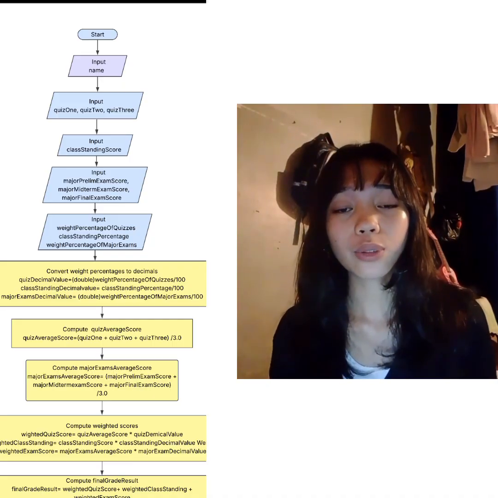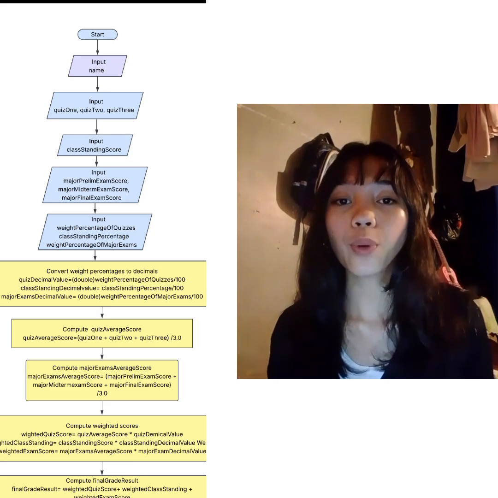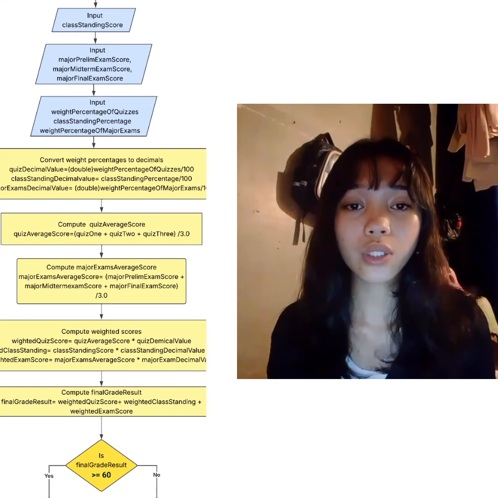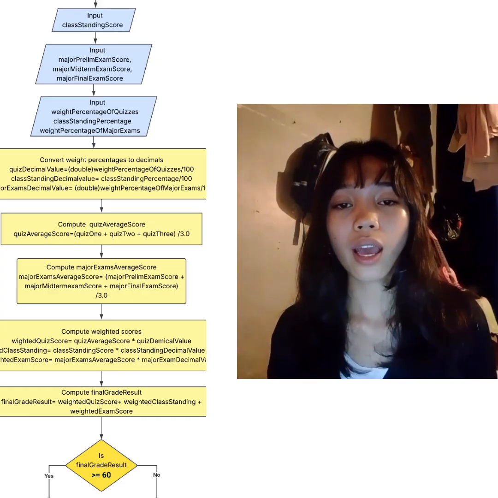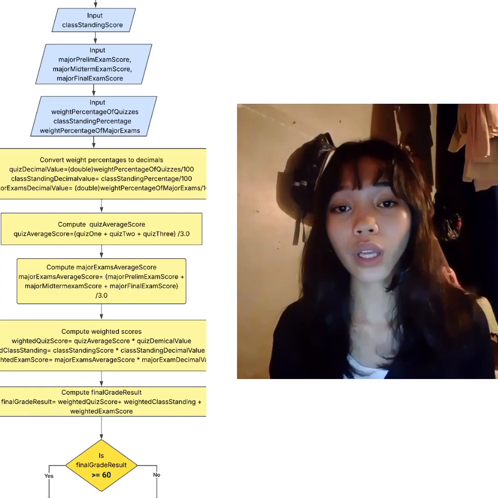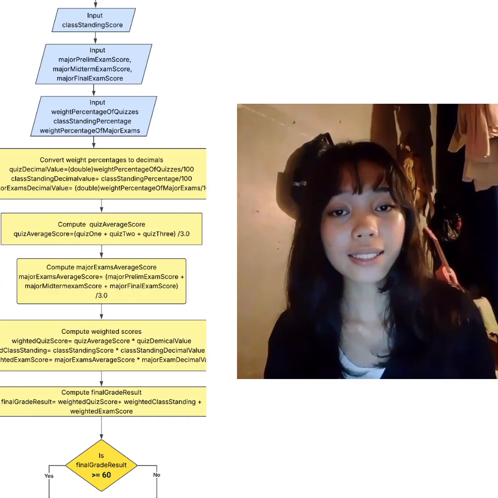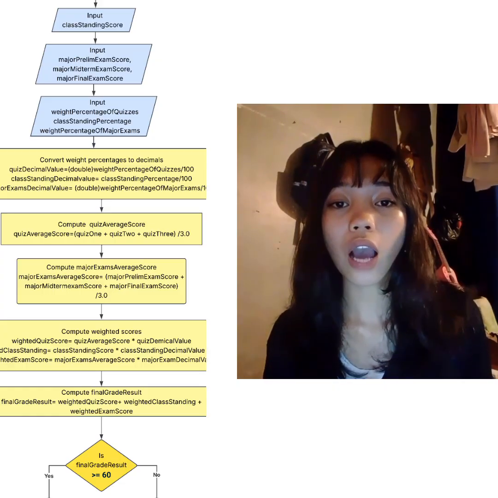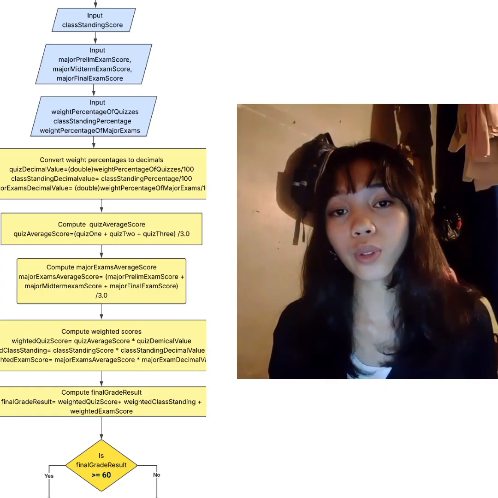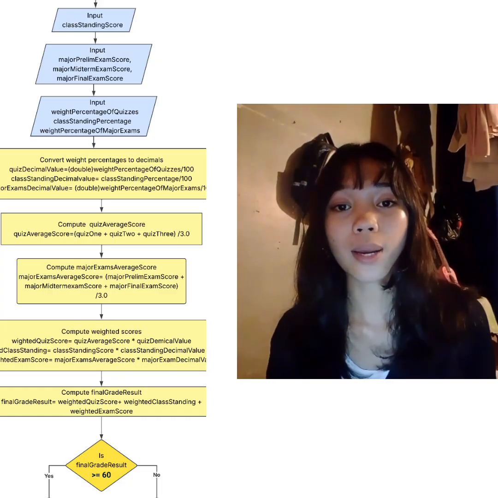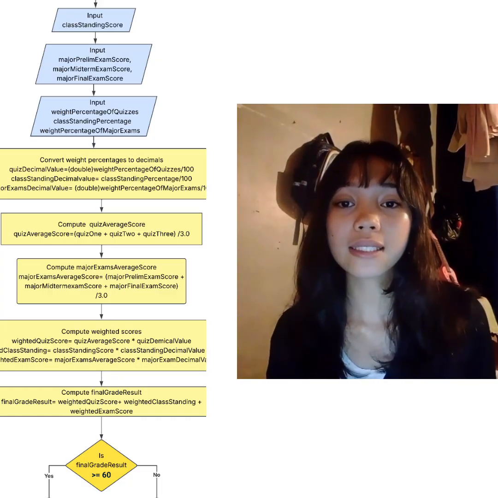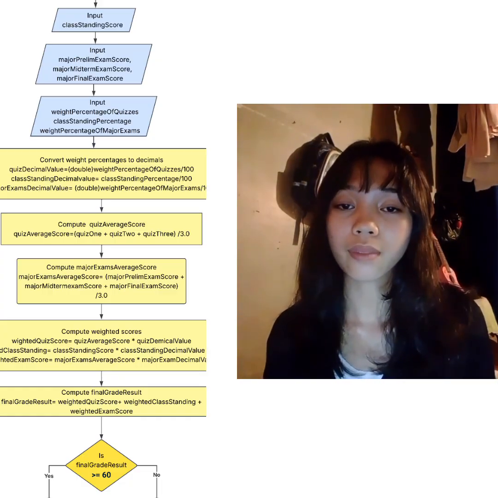After converting them into decimals, the program computes the average quiz score by adding the three quiz scores and dividing the total by 3. Next, it computes the average major exam score using the prelim, midterm, and final exam, then divides the total by 3.